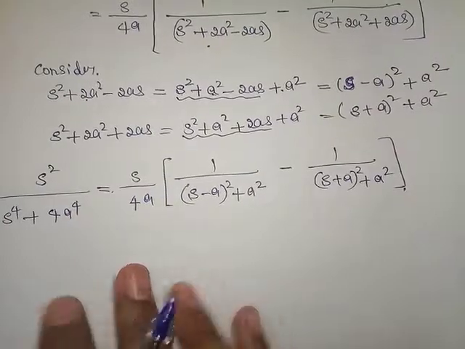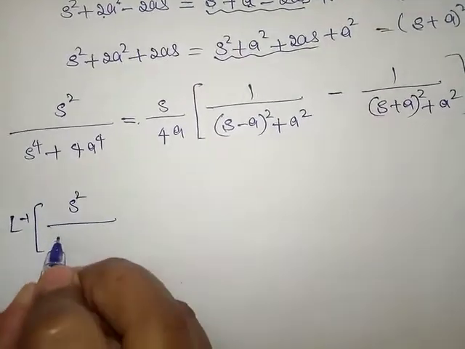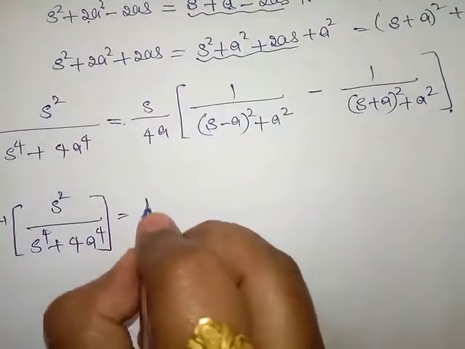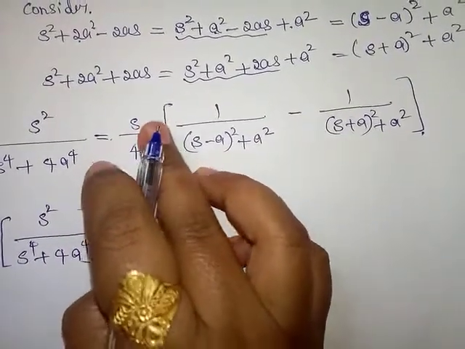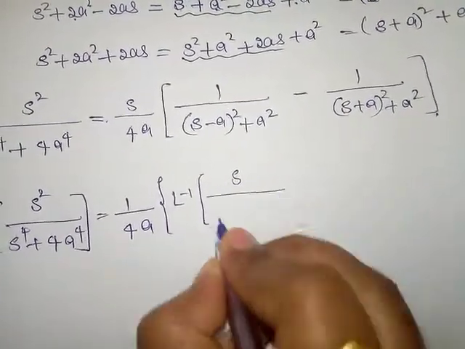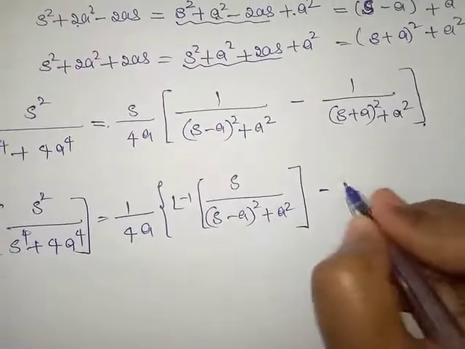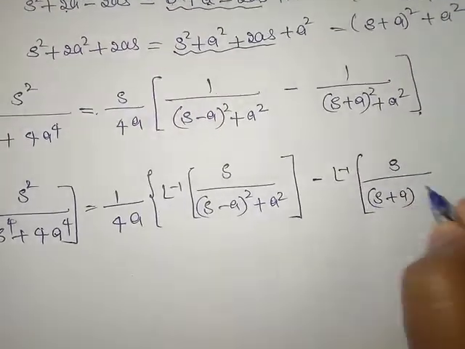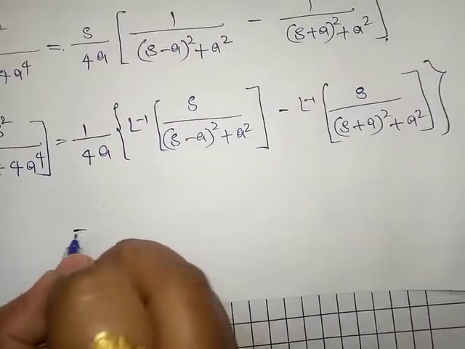Now I have to apply the inverse. L inverse of s² divided by s⁴ + 4a⁴ is equal to, here 1 by 4a is constant, then multiply this s into these two terms separately, therefore it is L inverse of s divided by (s − a)² + a² minus L inverse of s divided by (s + a)² + a².